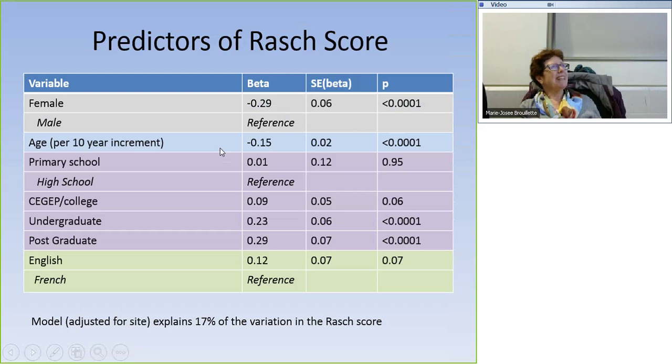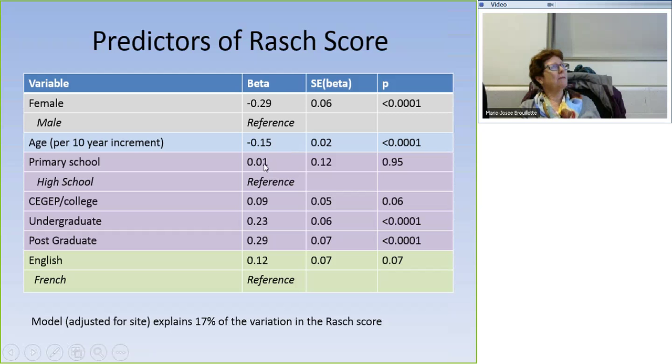Age has a significant effect. Here we just did it by 10-year increments, and there's a significant effect. Every 10 years, it's almost clinically meaningful. So you can imagine every 15 years would definitely meet 0.3, but it's dose response. This is our education. We picked high school as a reference. You don't want to pick anything with a very small group of people.